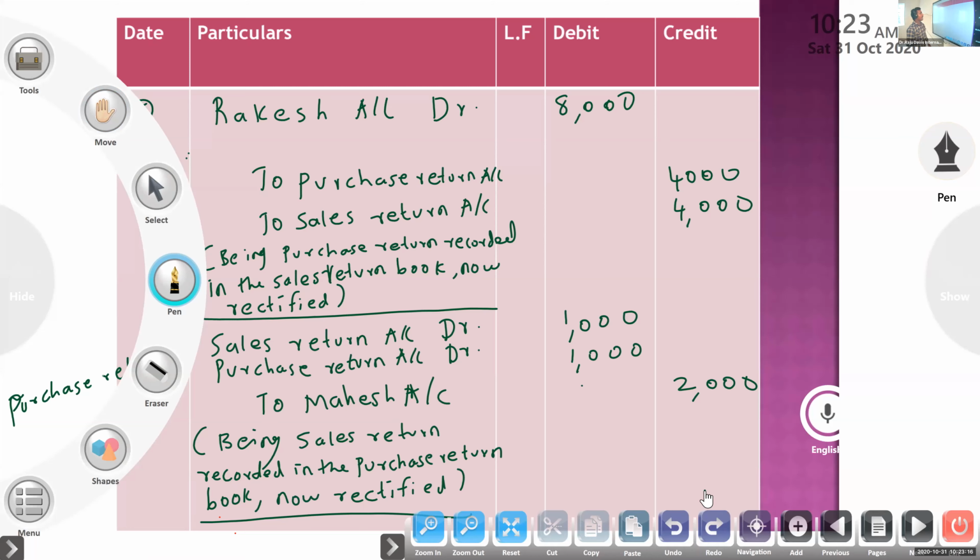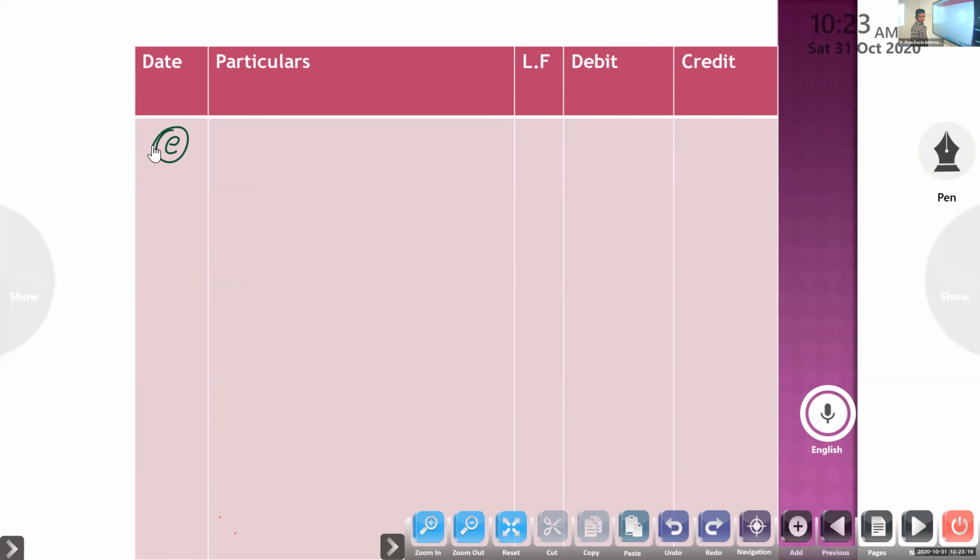Next, last one. Goods returned from Mahesh were recorded in purchase book. You look at that, it is wrong head only, this one. No double effect. Why? Goods returned from Mahesh recorded in purchase book.